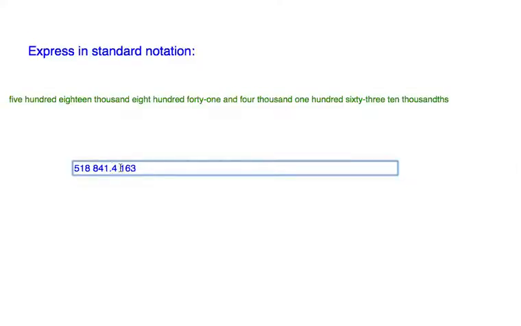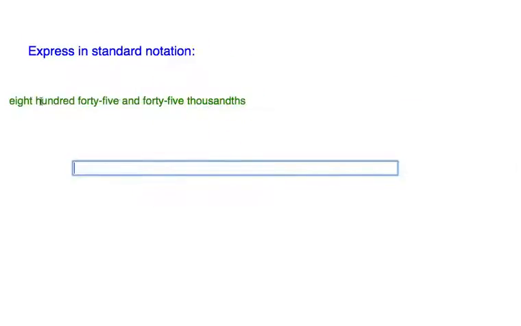Let's just double check that. So that's tenths, hundredths, thousandths, 10,000ths. So that's it. All right, 845 and 45 thousandths. So I'm going to write after the "and" 45.